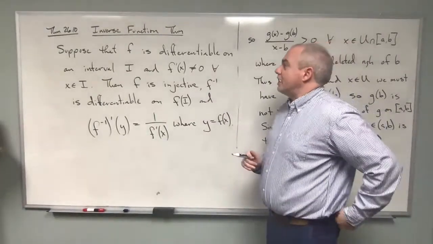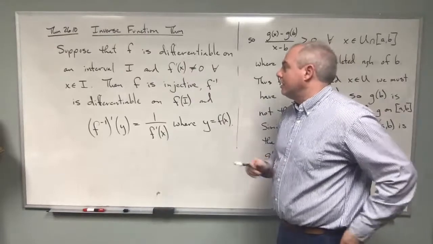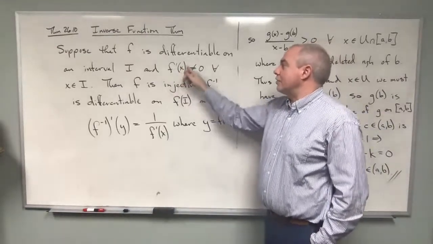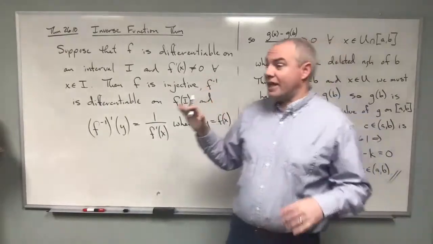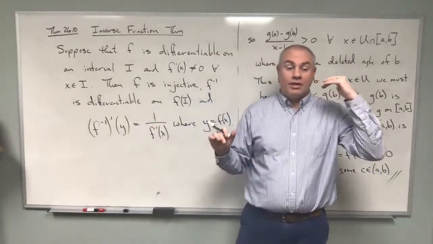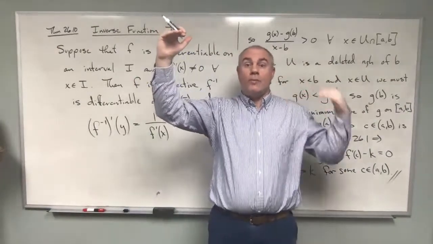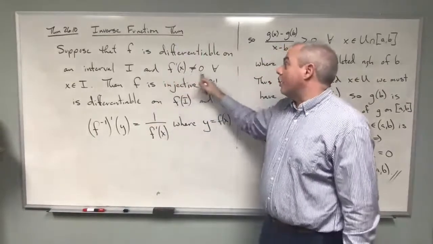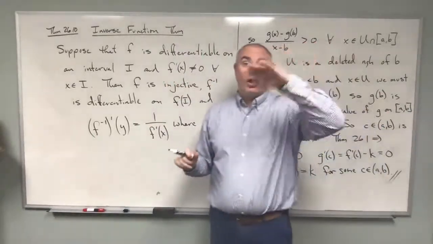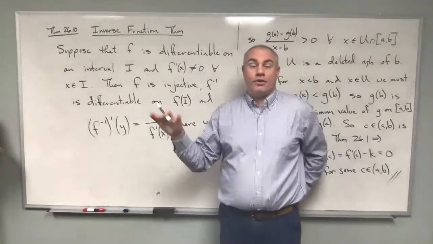So what this is saying is if we have a function that's nice and differentiable, and we know its derivative is non-zero, then by our last theorem it can't be negative somewhere and positive somewhere, since it would have to cross through 0. So if it's never 0, it's either all positive or all negative.